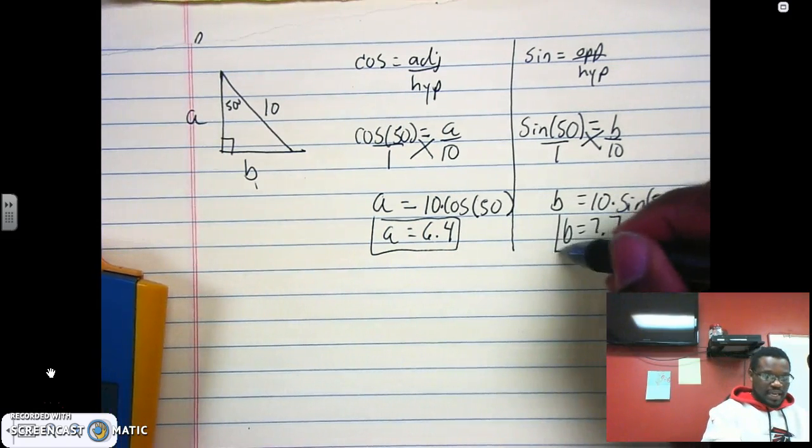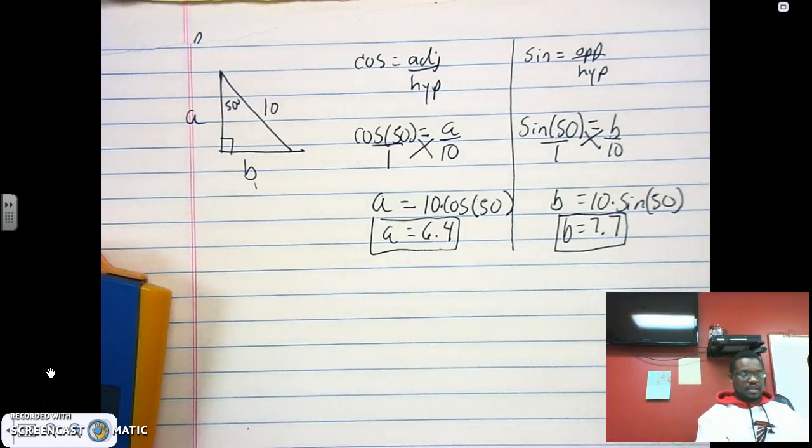So we get A and B based on the sine and the cosine. Tangent, cosine, and sine are all trigonometric functions that allow us to find relationships between angles and sides.